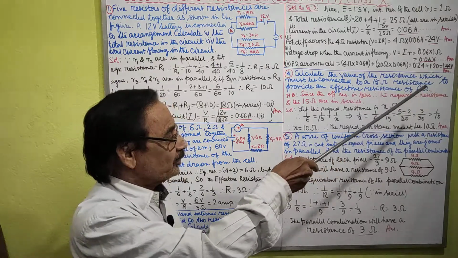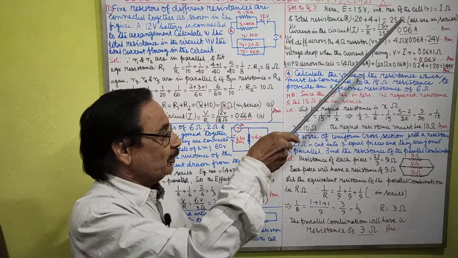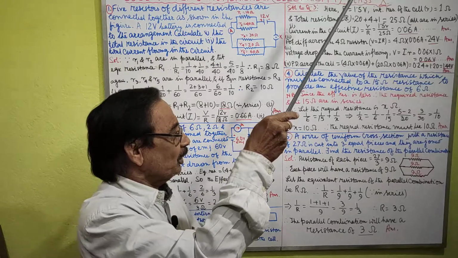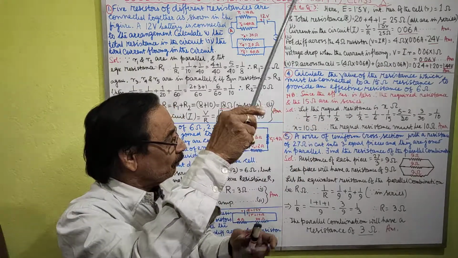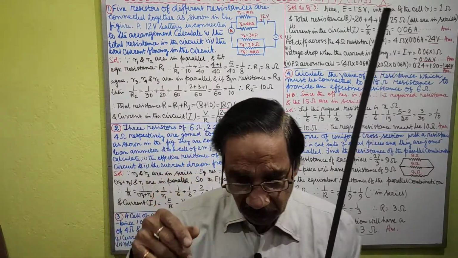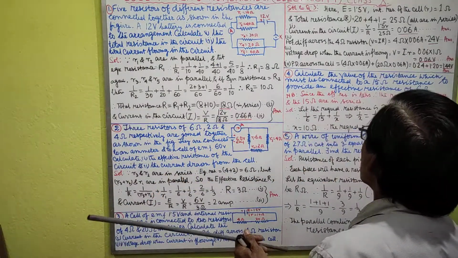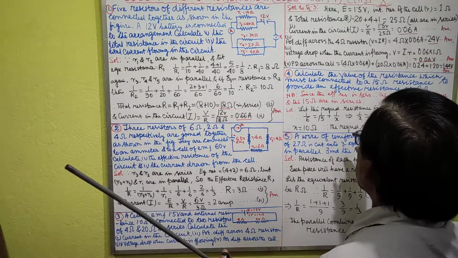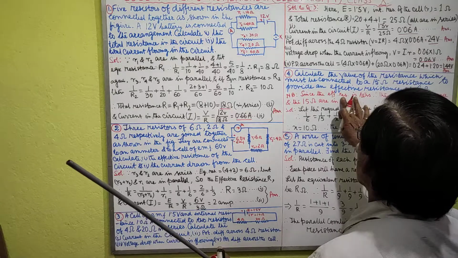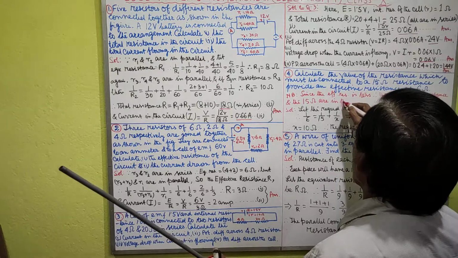Therefore, the resistance connected must not be in series, it must be in parallel with the 15 ohm.